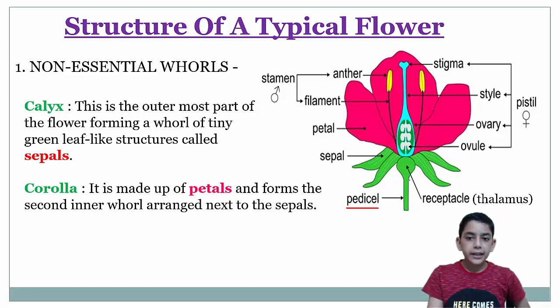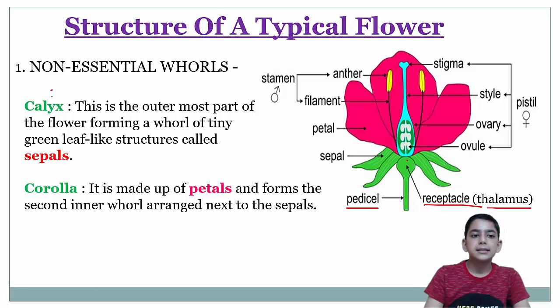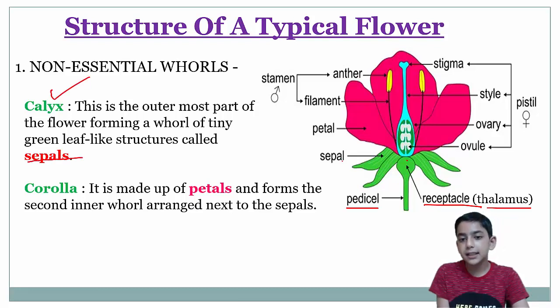Now, if we see further, there is a flattened part at the end of the pedicel, and that is known as the receptacle or the thalamus. Through this, the other whorls are connected, and the flower is formed. Firstly, there is the calyx. Calyx is a group of sepals. Now, sepals are these.